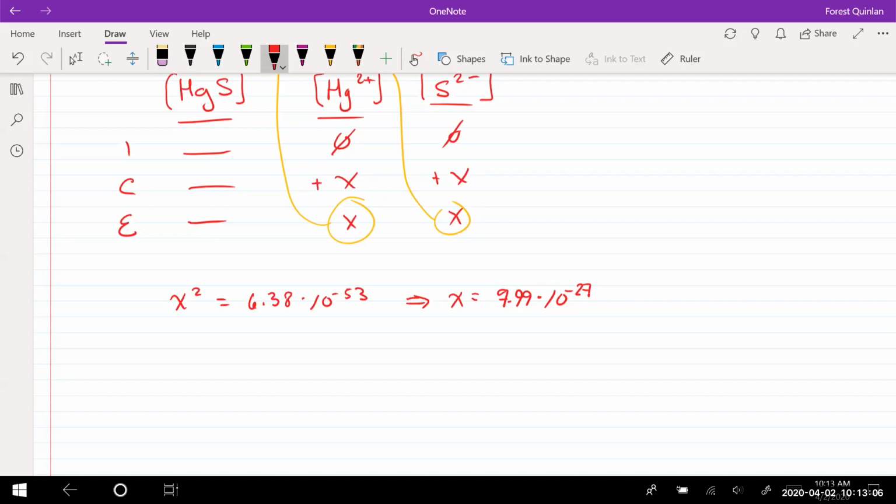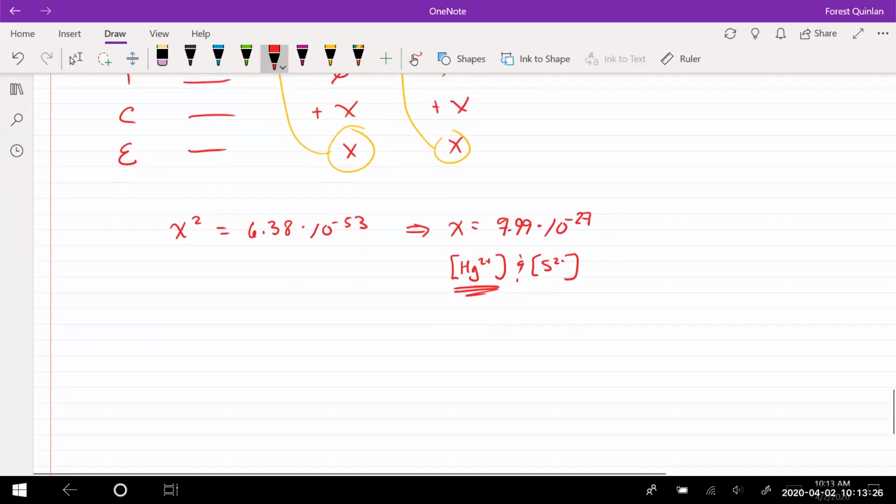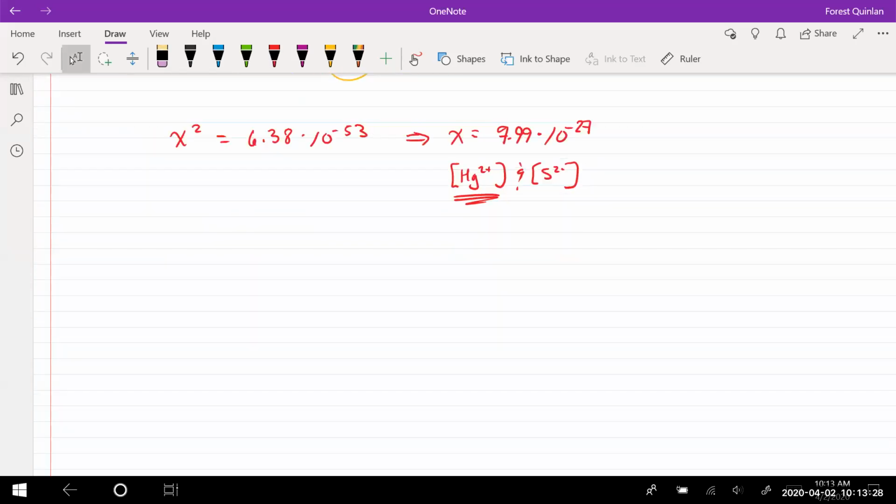So that is the concentration of any mercury floating around and any sulfide floating around. But normally we just care about the metal. I love this calculation, because what I'm going to ask you is, if I put a chunk of mercury 2 sulfide into 1 liter of water, how much actually goes into solution?